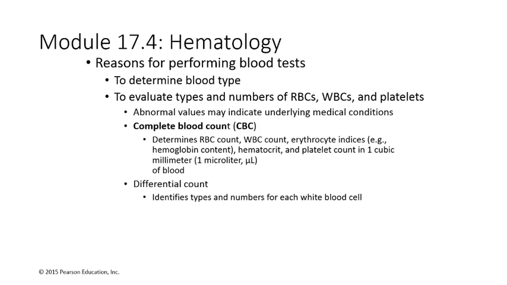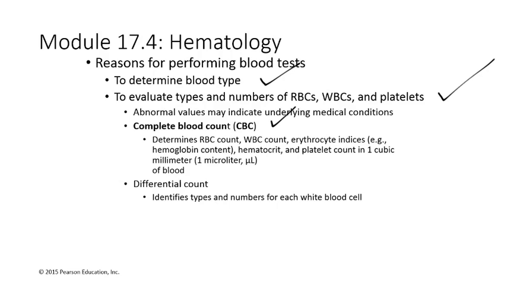So why would we take blood, and what kind of tests might we do? Well, we can determine your blood type from that. We determine the types and the numbers of red cells, white cells, and platelets. Abnormal values could and may indicate an underlying medical condition. When you do a CBC, a complete blood count, you're determining your red cell count, your white cell count.